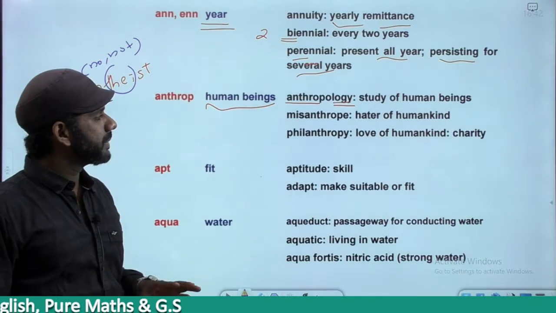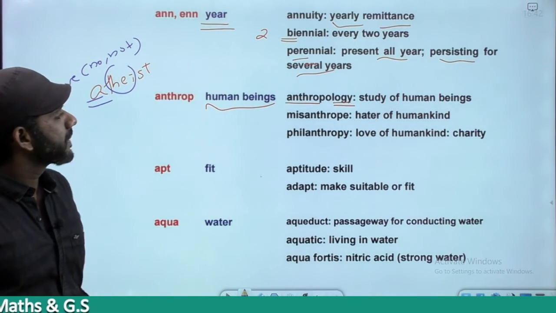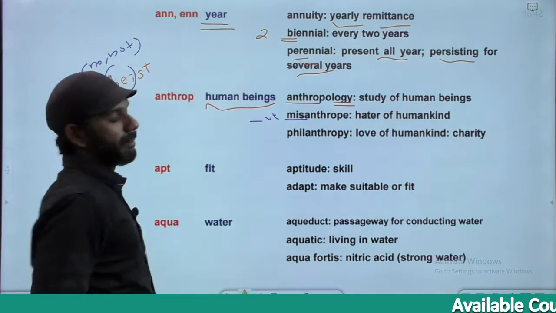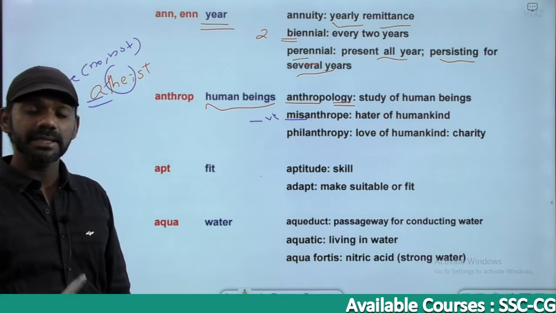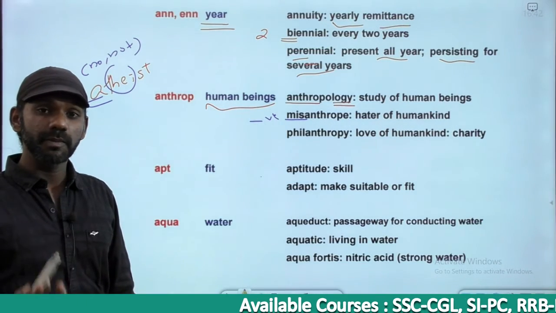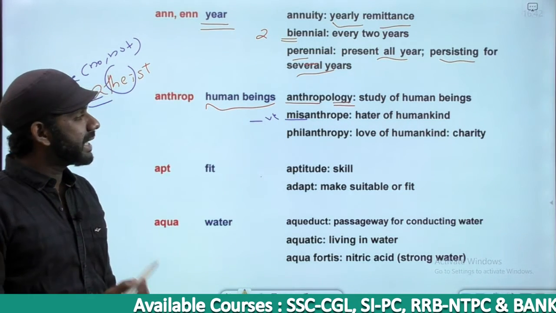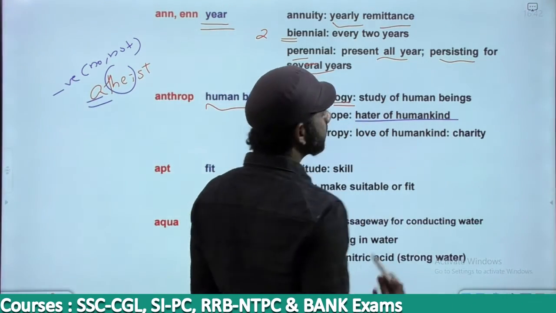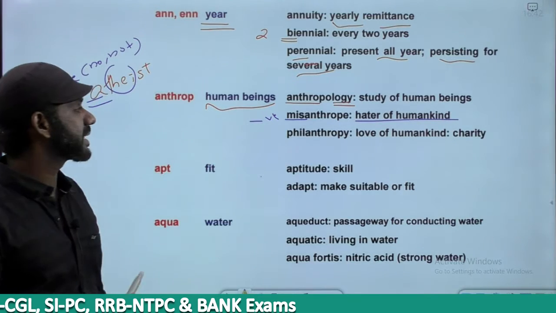Anthropology, study of human beings. Misanthrope, MIS is a negative prefix. Misanthrope means who is against human beings, who is against humanity, hater of mankind, who dislikes human beings, who hates human beings, can be termed as a misanthrope.